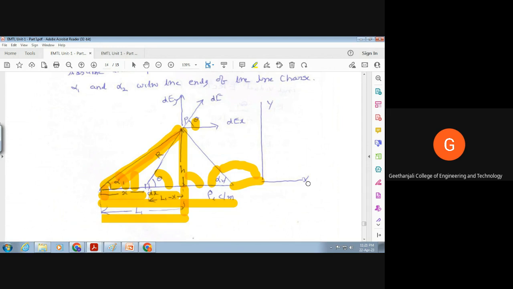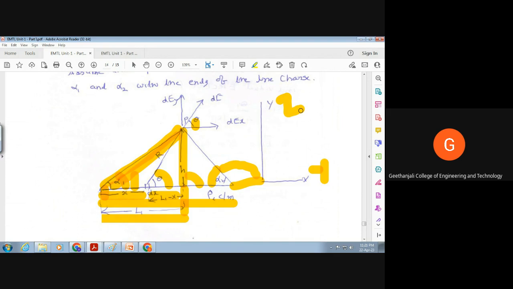Because x and y are the assigned directions, suppose I name this as the y axis and this as the z axis, then Ey would be equal to rho L by 4 pi epsilon naught h, sin alpha 2 minus sin alpha 1, and for Ez you would get the cos alpha 1 plus cos alpha 2 term.